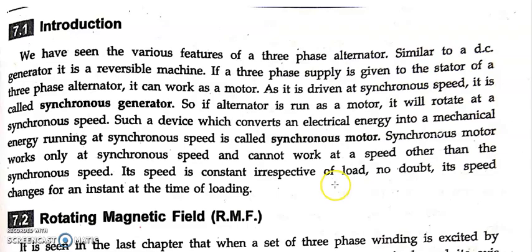Sometimes at the instant of loading or unloading, the speed may change for a few seconds, but after that the slip will again be 0. So technically speaking, the slip will always be 0 throughout the working of the synchronous motor or generator.